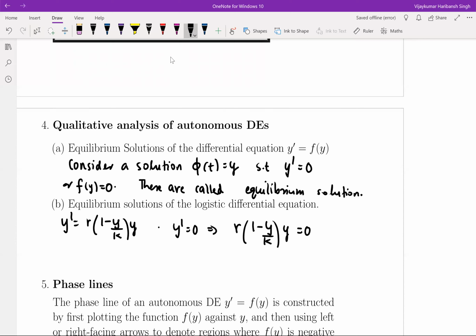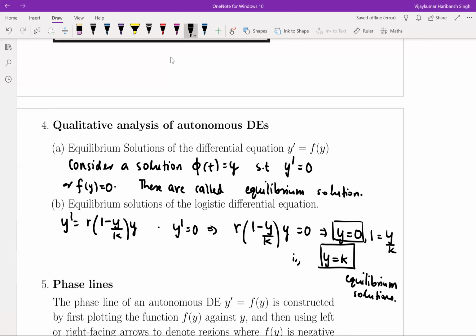Now this being 0 would imply either y is 0 or 1 minus y by k equals 0, that is y equals k. So these are your equilibrium solutions.